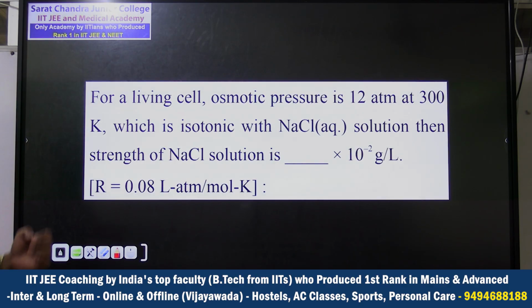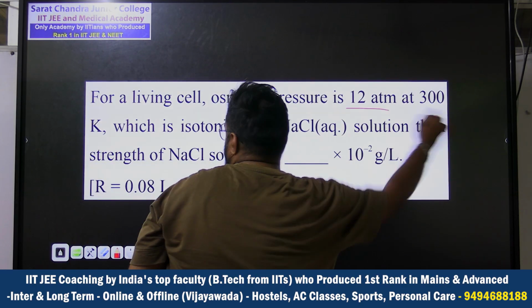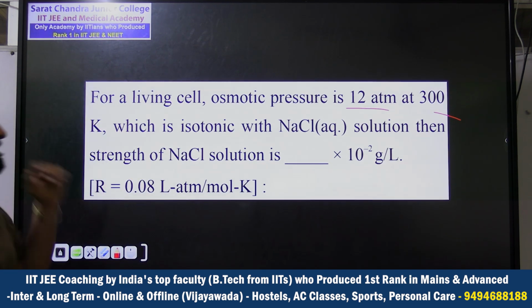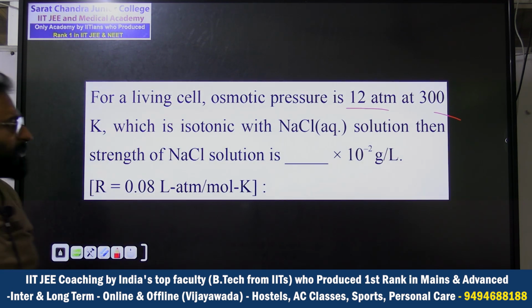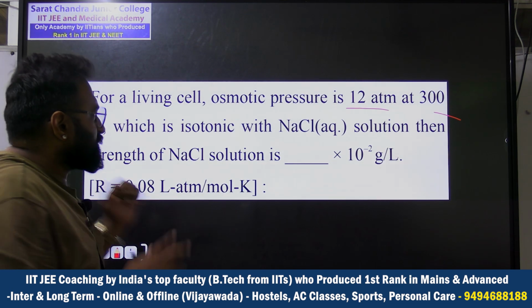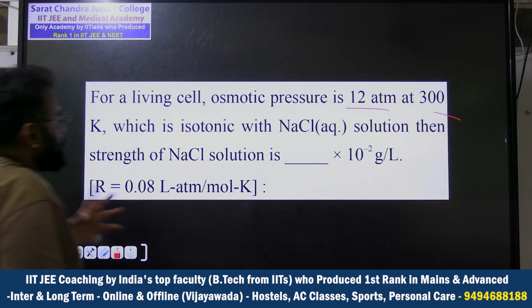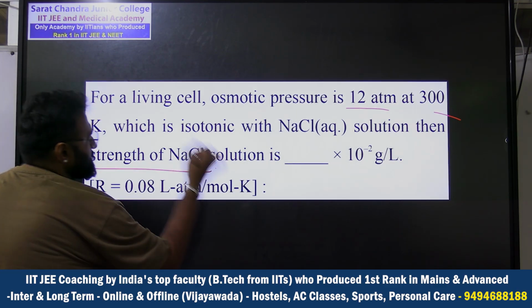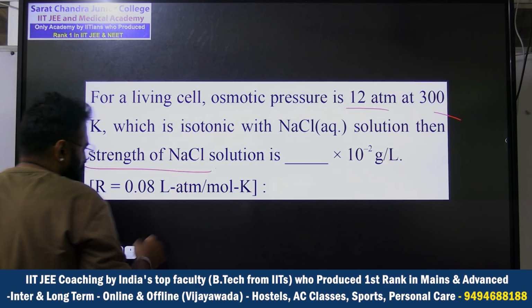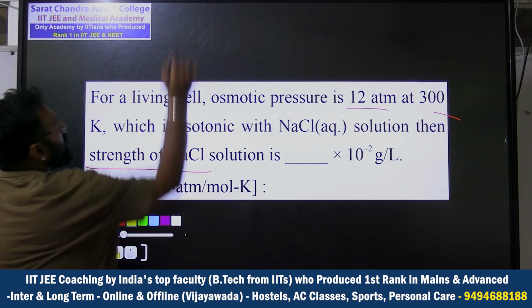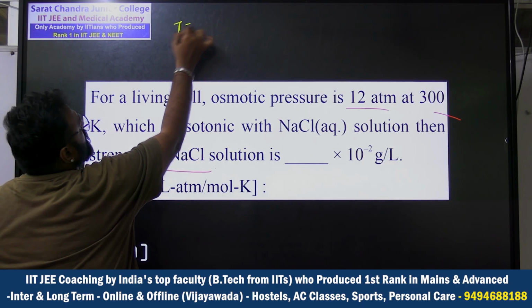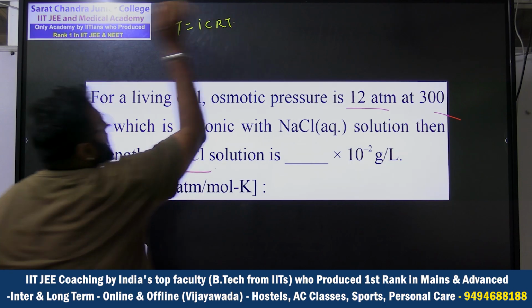For a living cell, the osmotic pressure is 12 atm, temperature is given, which is isotonic with NaCl. Isotonic means both have the same osmotic pressure. Then we need to find the strength of the NaCl solution. What is the formula for osmotic pressure? Pi is equal to iCRT, correct?